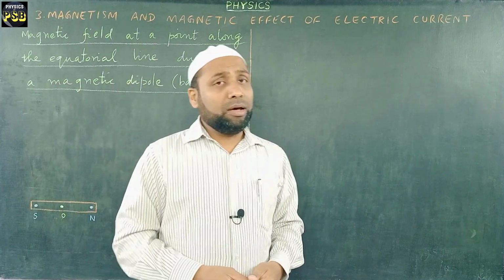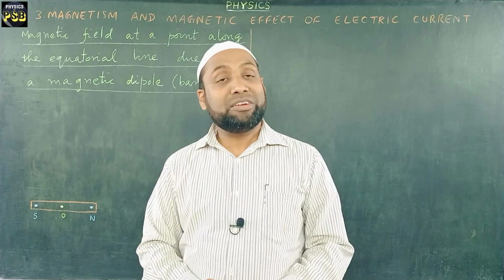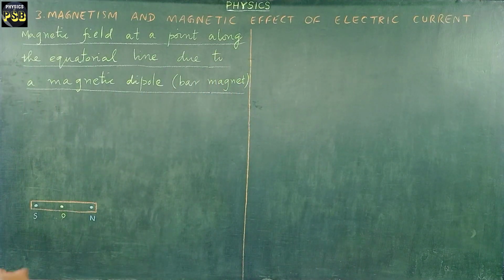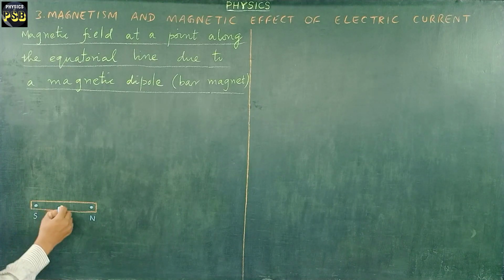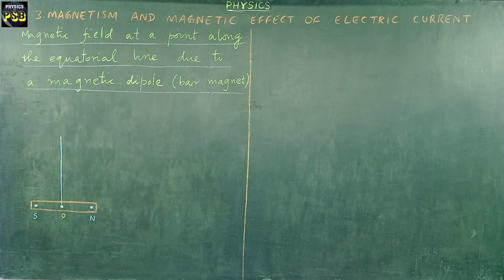A line drawn perpendicular to the bar magnet is referred to as the equatorial line. So, I draw a line perpendicular to the length of this bar magnet from the midpoint O. This is the equatorial line.